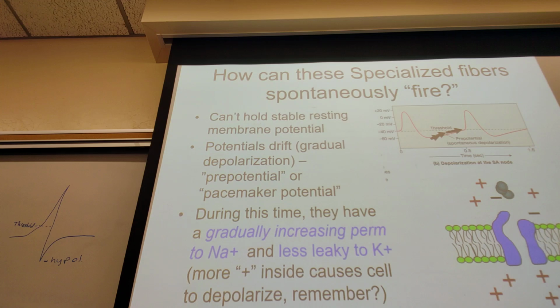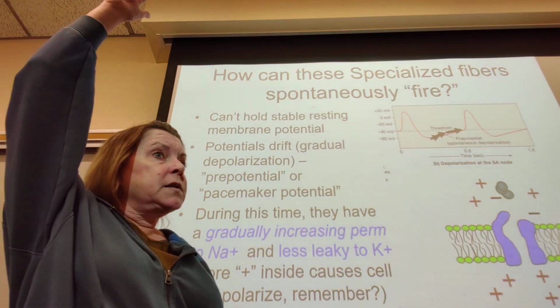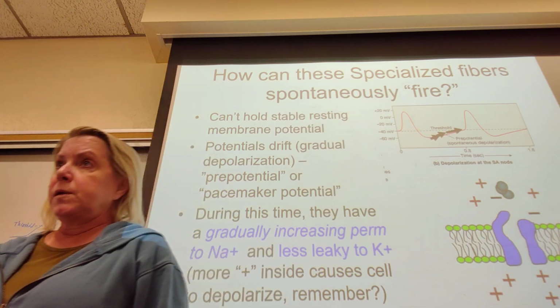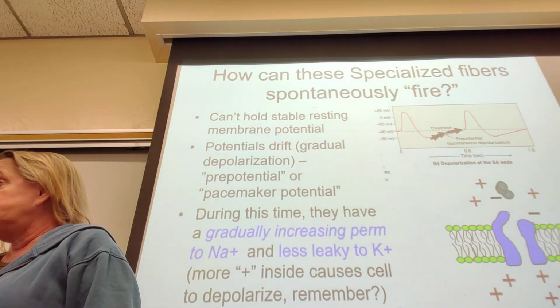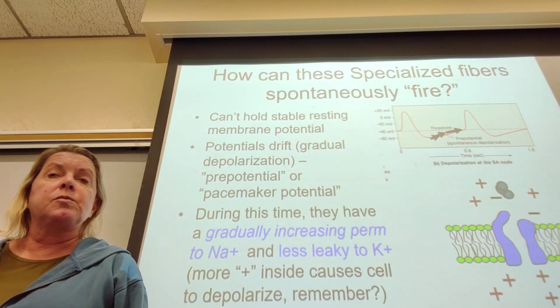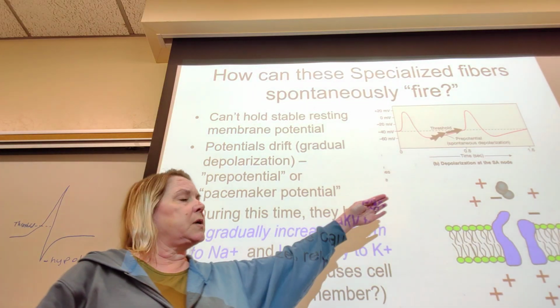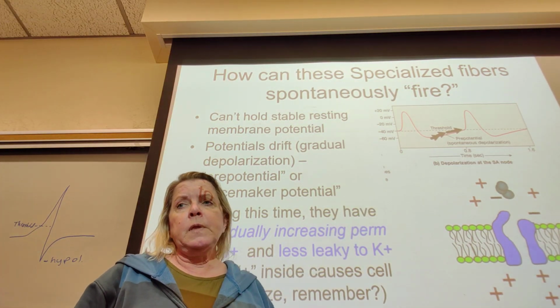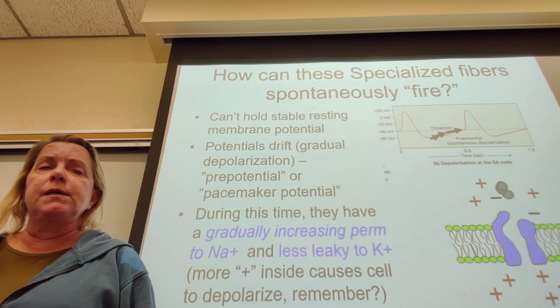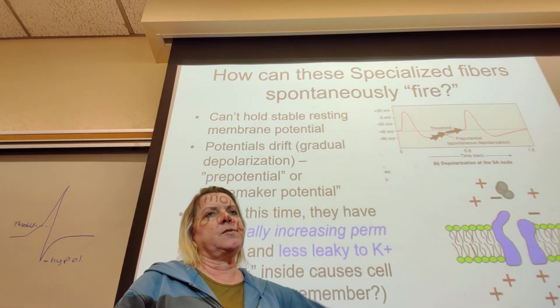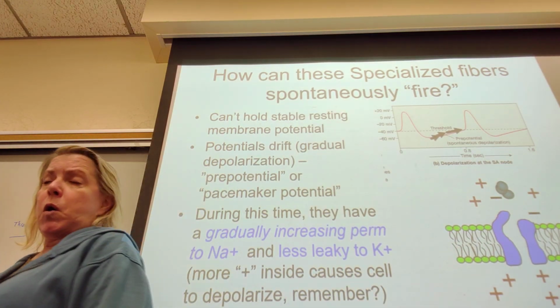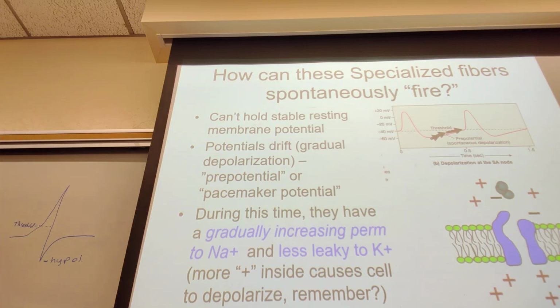Our usual suspects: sodium voltage gated channels opening more, and then for repolarization we have potassium voltage gated channels opening to reset the stage, only to do it all over again. Now studies have shown that it is this leakiness to sodium, but also that the cells become less leaky to potassium.